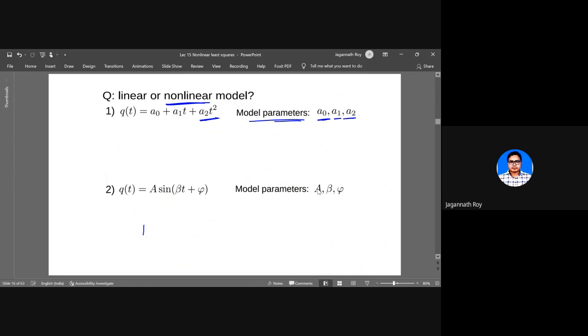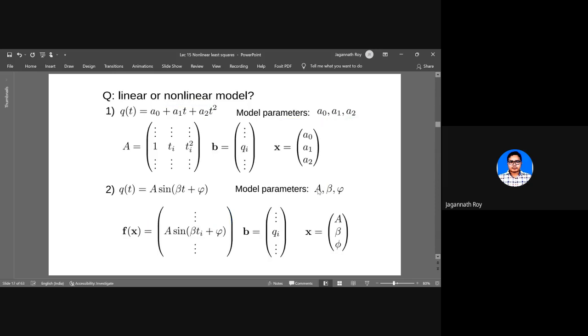Now if we consider the sine function, then the model parameters will be a1, beta and phi. We have to find 3 different values. How these are used, we'll see after some time. But the system of linear equations will become, so A will be of this form, where this column is 1, 1, 1, 1, all 1, and then Ti and Ti square.